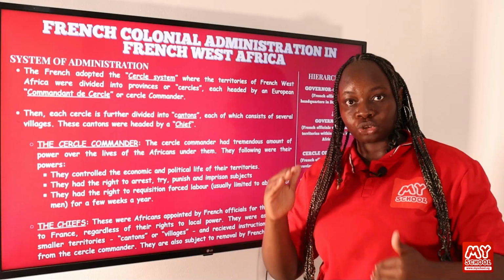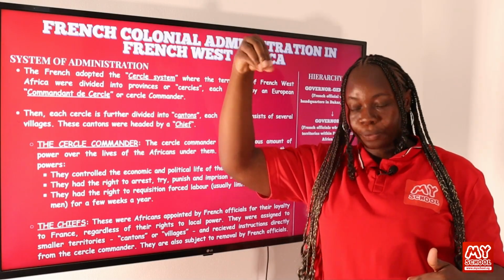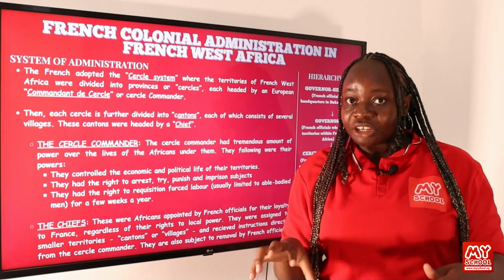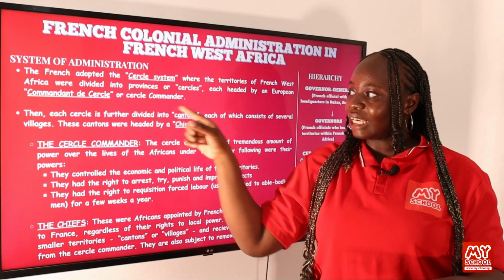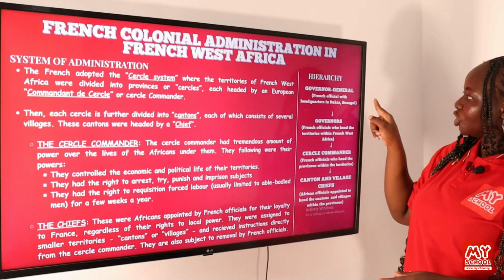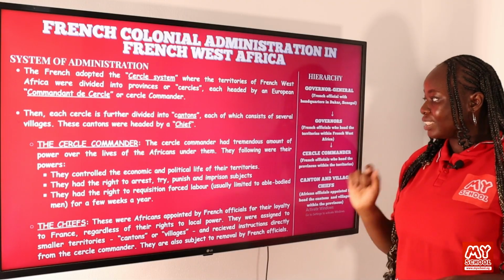So you can see a federal structure within that federation. At the federal level, you have the Governor General at the top. Then you had governors for each of the territories. Then within the territories, you had provinces, which were headed by cercle commanders. As we can see here, this is the hierarchy. The Governor General is at the top. He was a French official and his headquarters was in Dakar, Senegal.